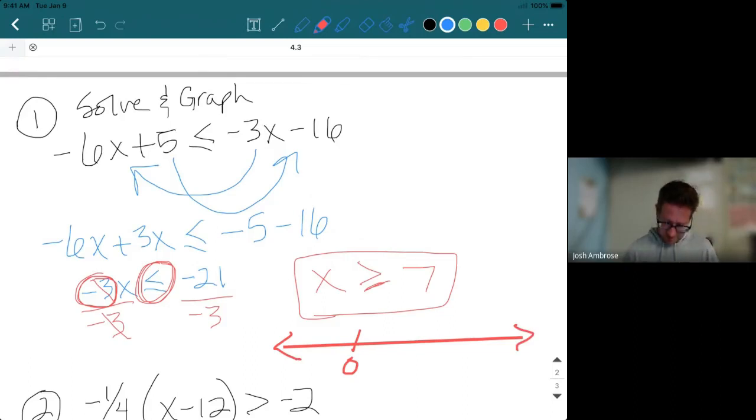Just for the sake of time, we'll say that right about there is as far as 7 would go. We have a circle. It does say or equal to, so we have to fill in our circle. And it is greater, so that's going to go to the right. There's our number line, filled in, going to the right. Looks good.